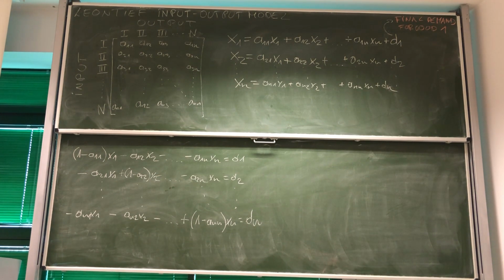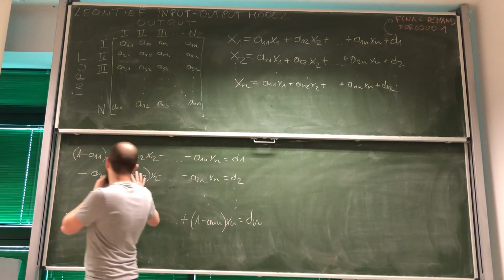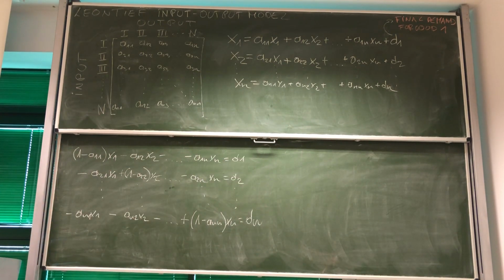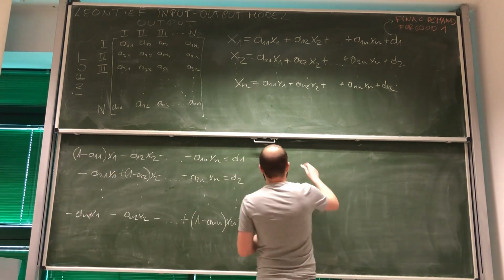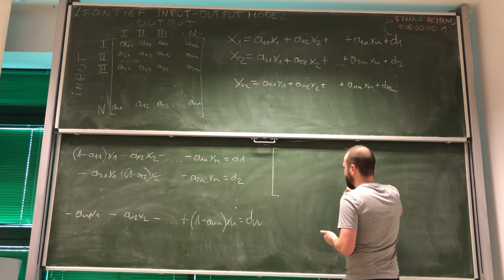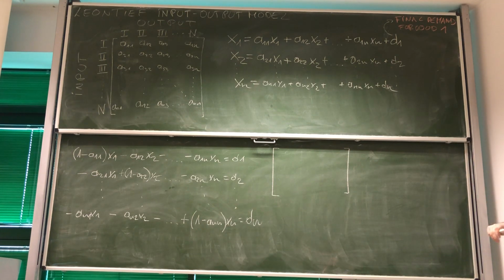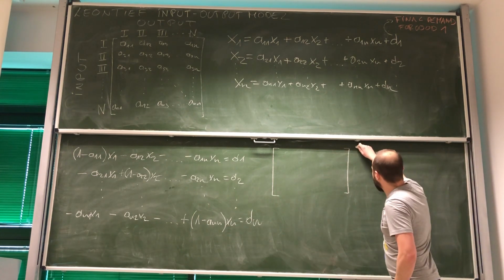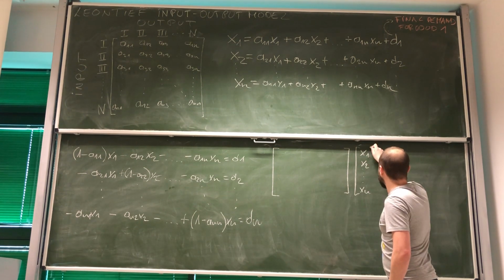What we see over here is something that we can easily put into matrix notation. We're going to have a matrix of coefficients, and here we will have variables x1, x2, x3 until xn.